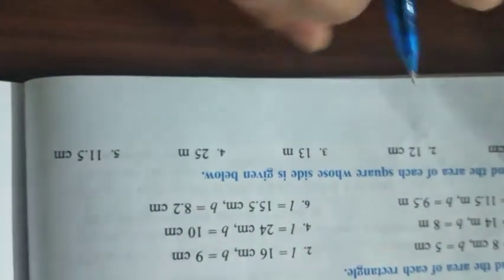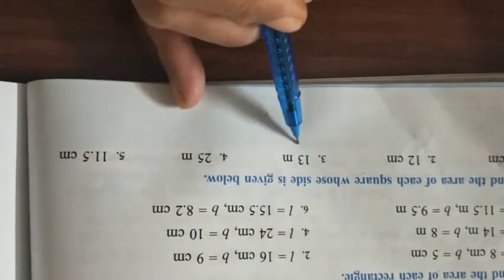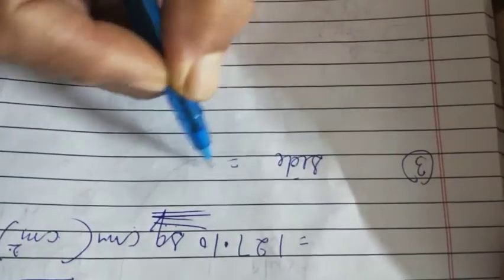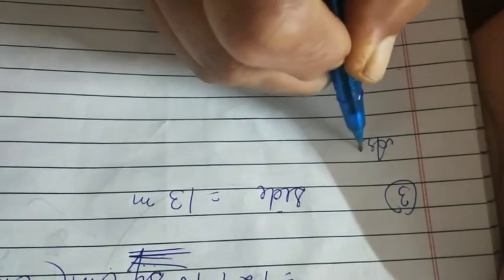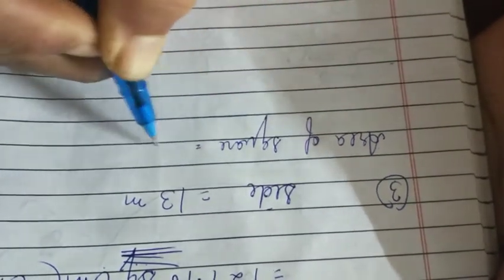This is the symbol of square, centimeter square, or you can write square centimeter. Okay, now question D. You are given to find the area of a square. Here a square is given. I am taking question number 3. We have given side is equal to 13 meter. We have to find out the area of a square. So what is the formula?